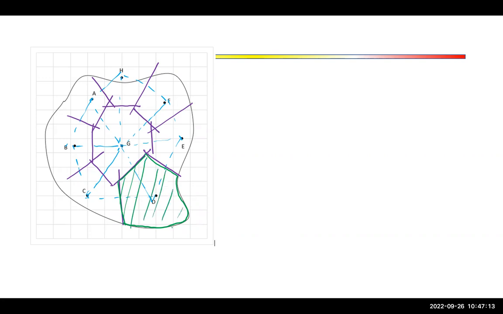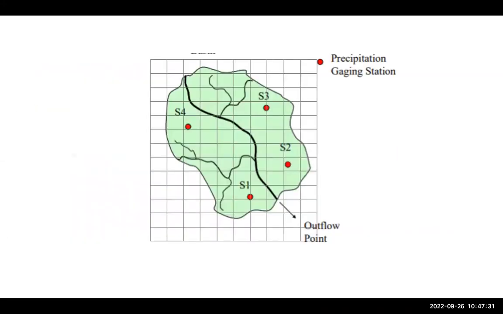Okay, now for question number 7, I kind of challenge you a little bit. For this one, you need to think a little bit for the very last question. But that will help you to understand better. So the very last one is this one, S1, S2, S3, S4. Now, if you remember in the class, we had easy rainfall measurements like 4, 4.5, 3, 3.5, kind of round numbers.